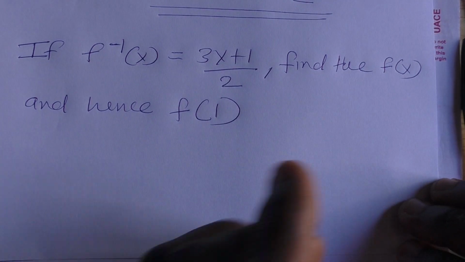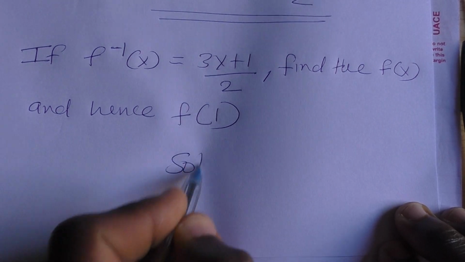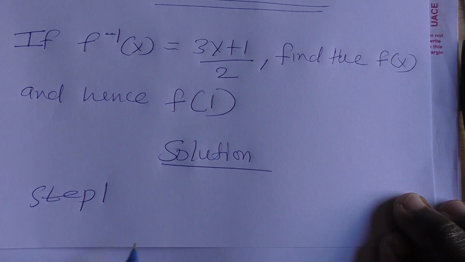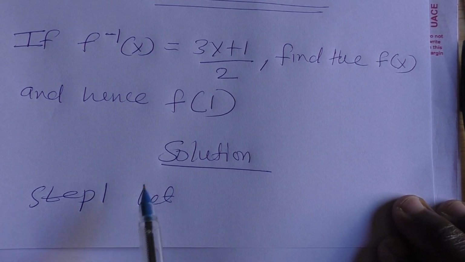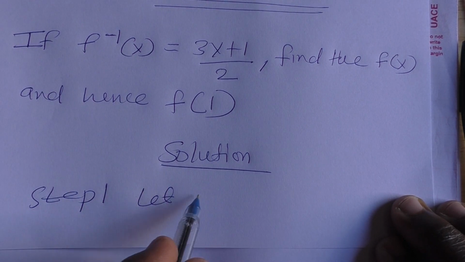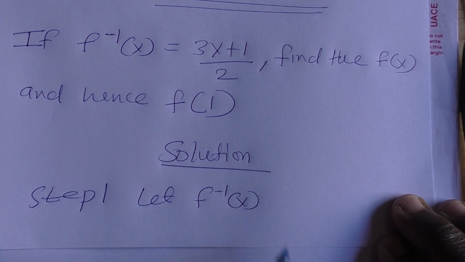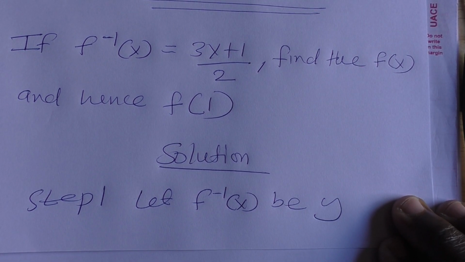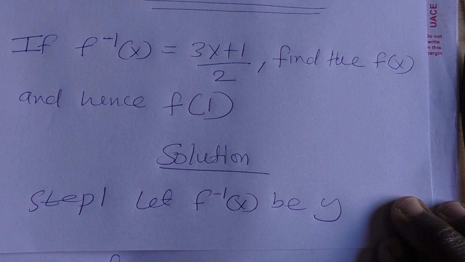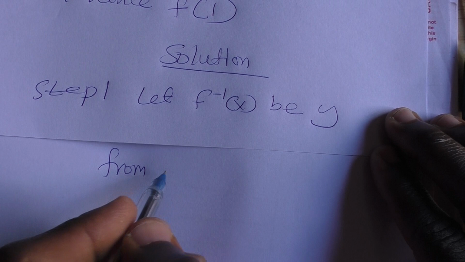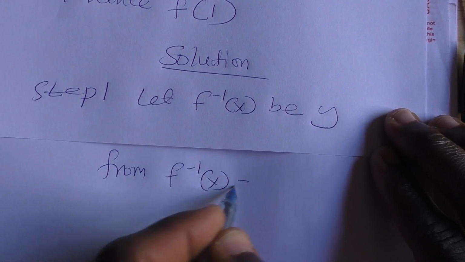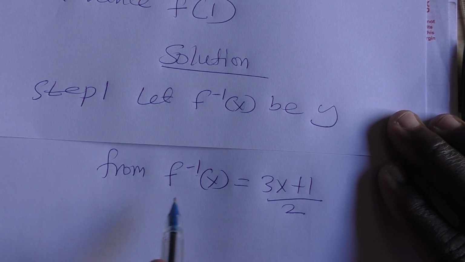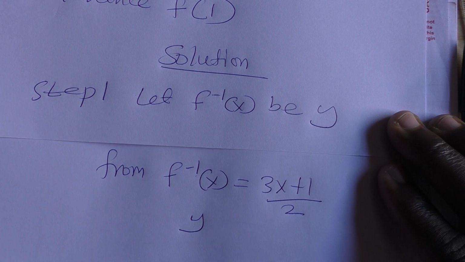So here our step 1 will be, since we are given the inverse, let the f inverse of x be y, so that from the f inverse of x, which is 3x plus 1 over 2, where there is the f inverse is where we shall replace with y.